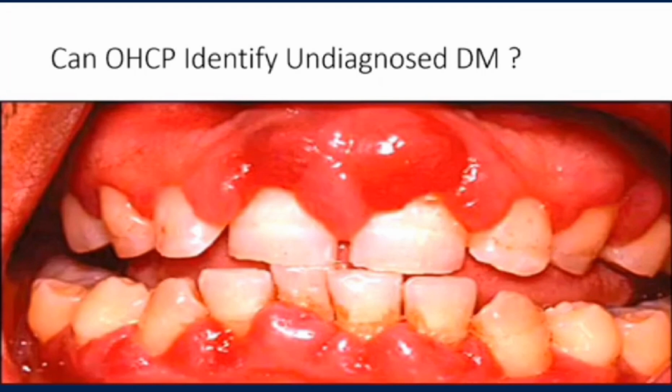This is very interesting. That patient was passing a life without knowing his medical condition. So we, as oral health care providers, can detect or diagnose the disease at an early stage.